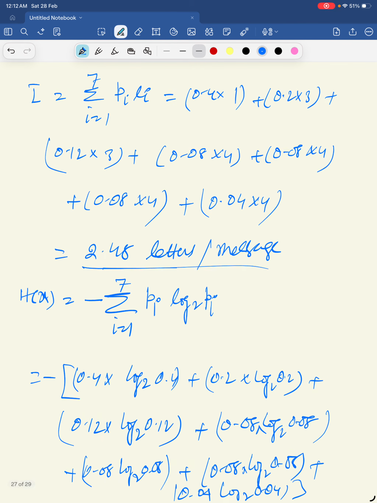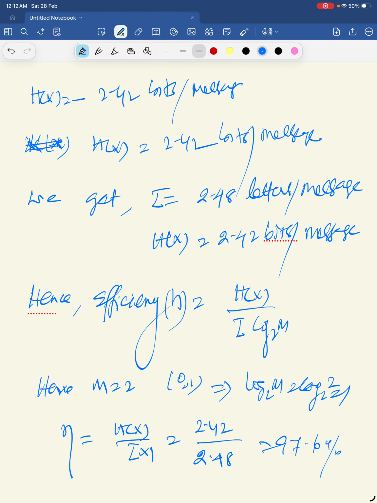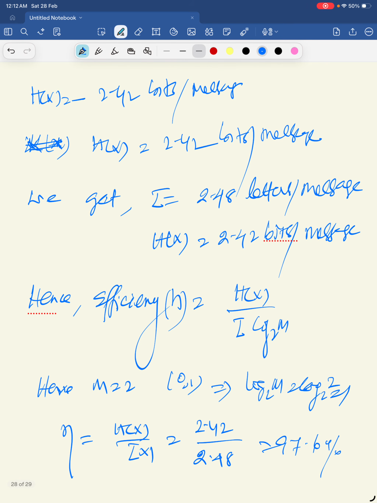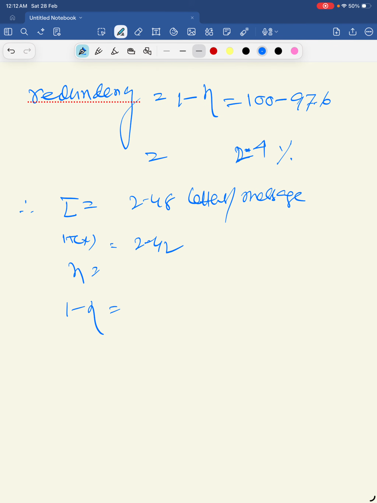L bar is 2.48 letters per message, H of x is 2.42 bits per message, eta is 97.6%, and 1 minus eta, the redundancy, is 2.4%. So this is all about our final result.